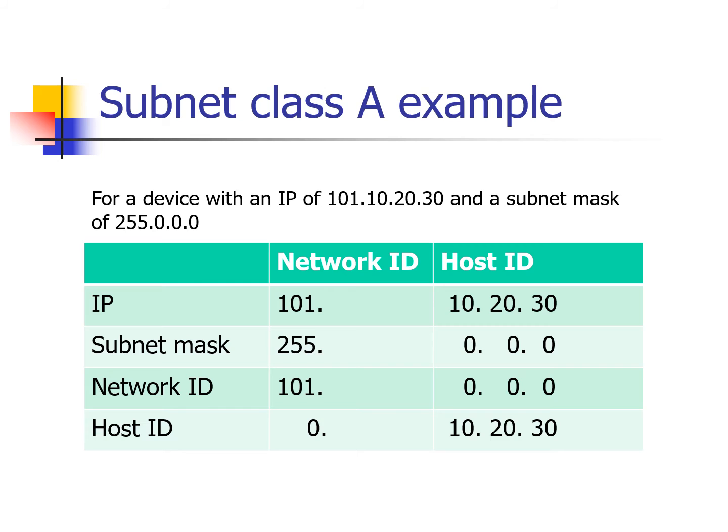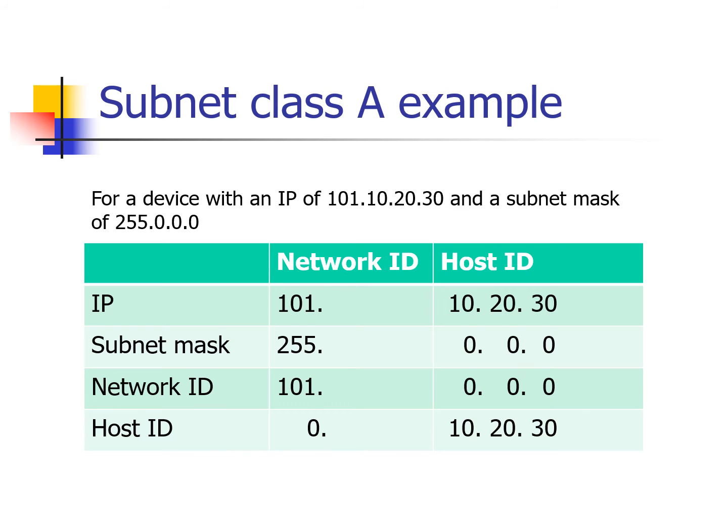Here's an example. If we have an IP address of 101.10.20.30, and this is a class A, so the subnet mask is 255.0.0.0. If we line those two things up, then we can see where it changes from 255 to 0, which is after the first number, and we split the IP address up into those two.